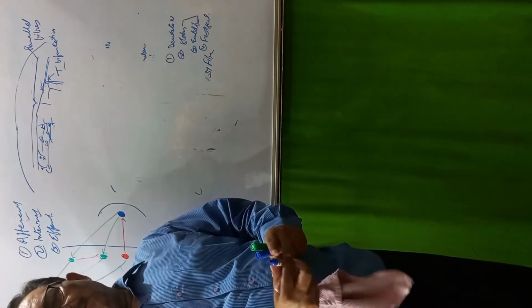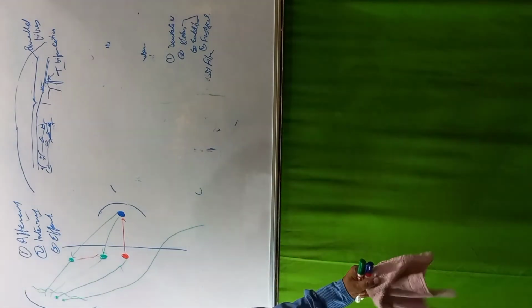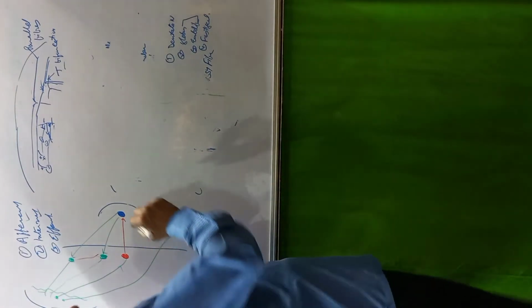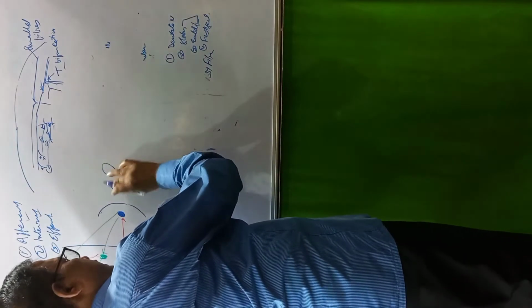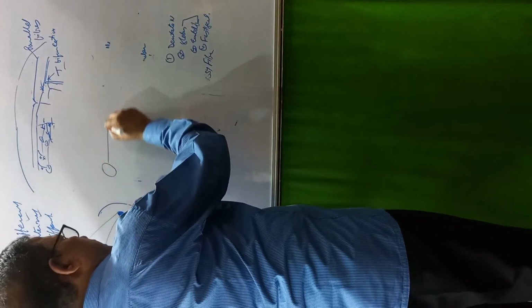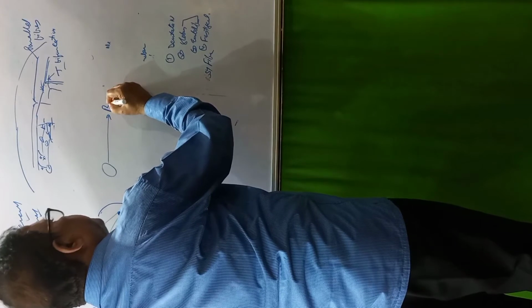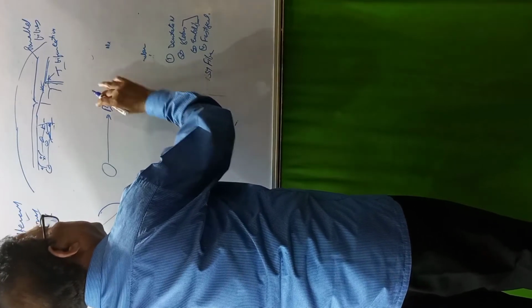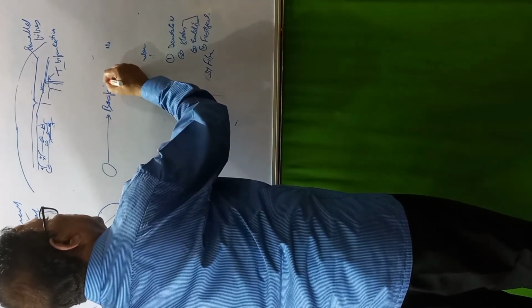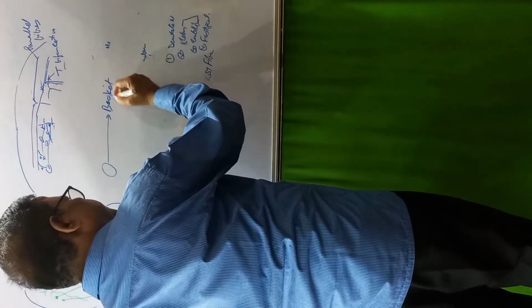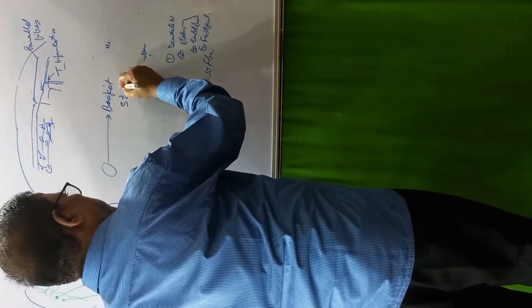loop. Now feed forward inhibition. Feed forward inhibition is this: we learned that the granular cell stimulates the basket cell and stellate cell.